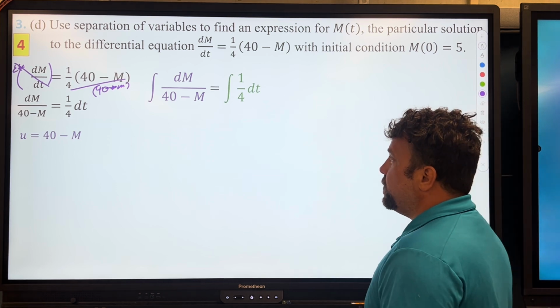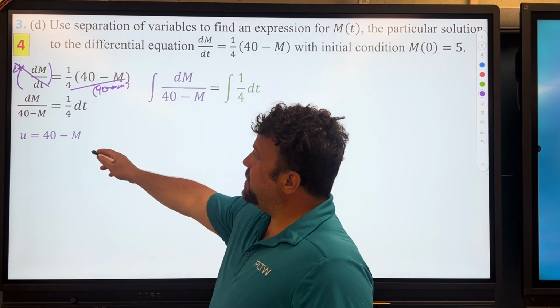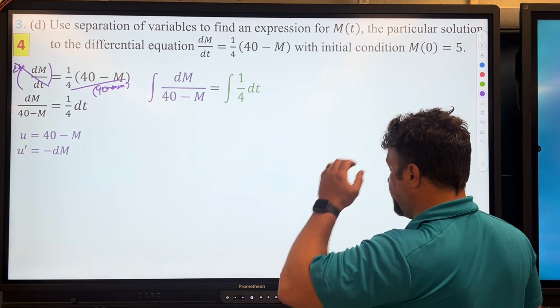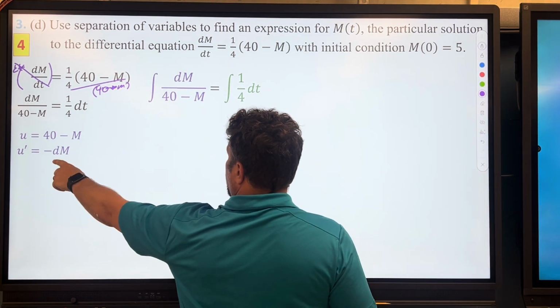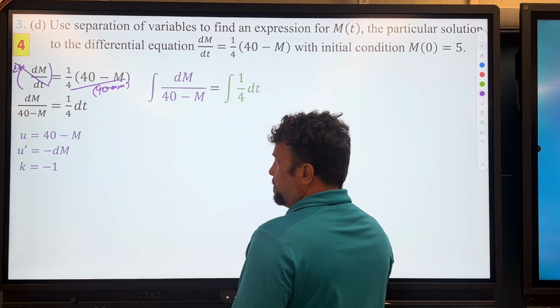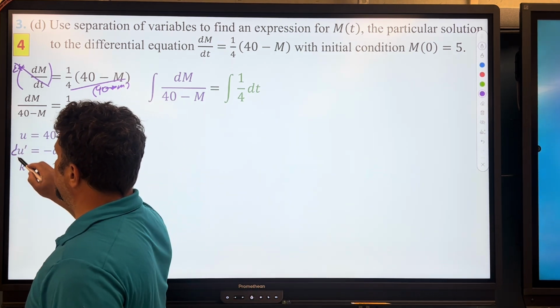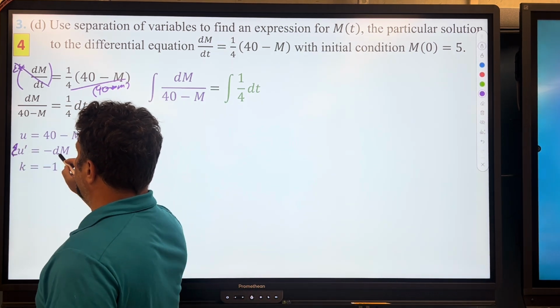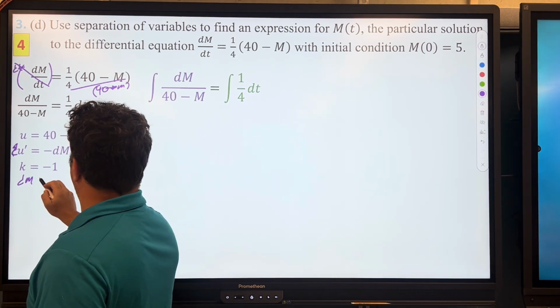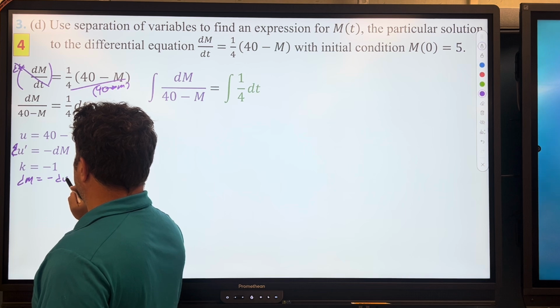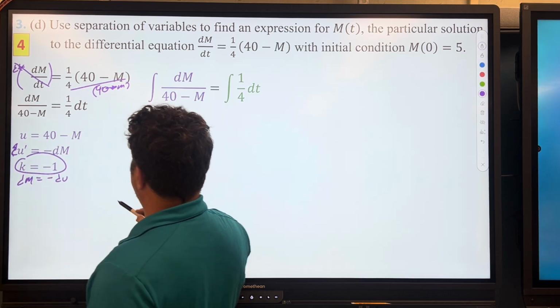We know that u is 40 minus m, and du is negative dm. Now because we're replacing dm, I can even put this as u prime or du, because u prime equals negative dm, that means that dm can be replaced with a negative du. So our k is negative 1.